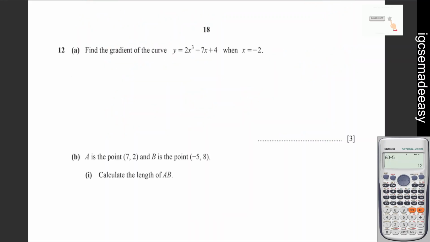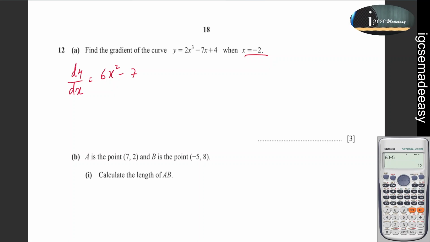Question number 12. Find the gradient of the curve y equals 2x cubed minus 7x plus 4 at x equals 2. So what we can do, we can find out the gradient by differentiating the equation. If I differentiate this, I'll get dy by dx equals 6x square minus 7. So I can put the value of x over here right now.